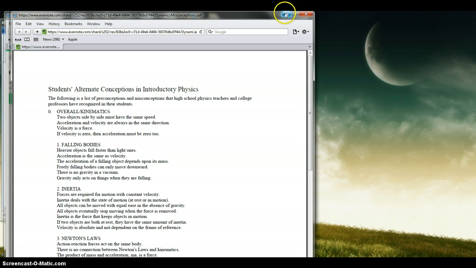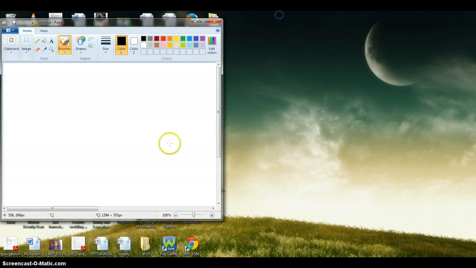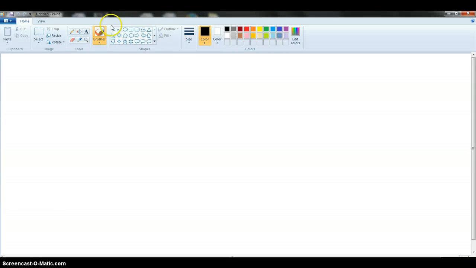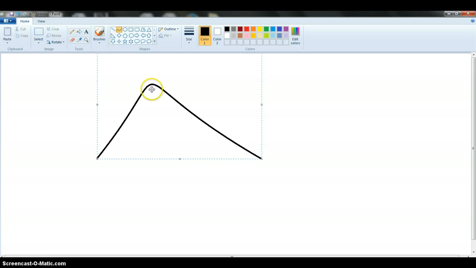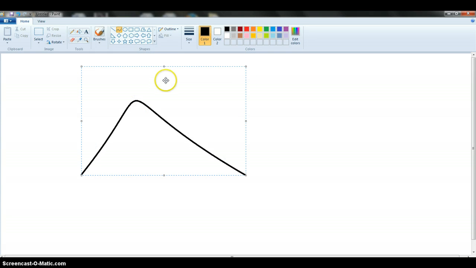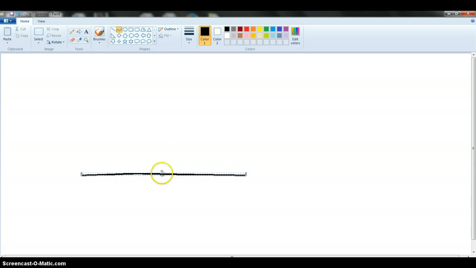When you throw a ball in the air, let's see if we can exemplify this here. Your velocity graph will look like this, I believe. Oh, excuse me. That's not pretty. Let's try that again.